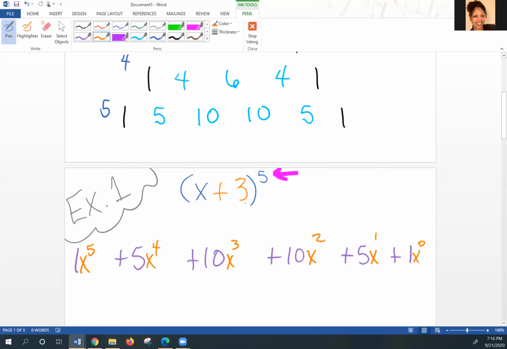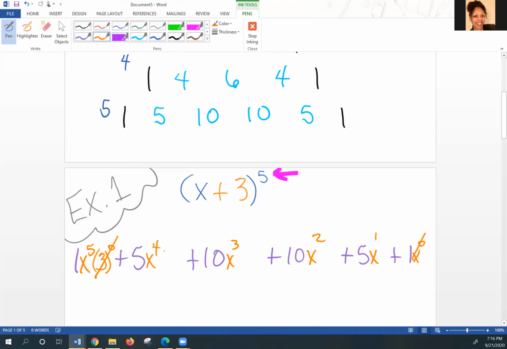Next thing you want to do is you want to look at your second term, which is the 3. But this time you want to go in the opposite direction. So really, there is going to be a 3 to the 0 power. And a few minutes ago, I just told you anything to the 0 power is just 1. So as to not confuse yourself, go ahead and get rid of that.